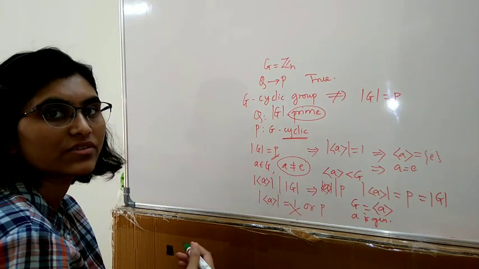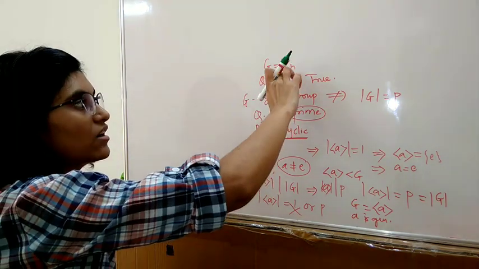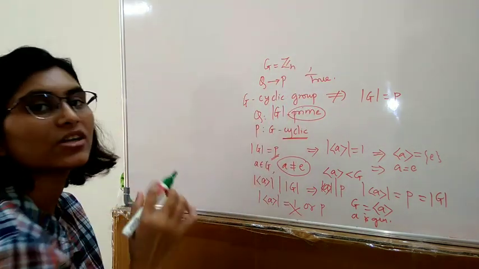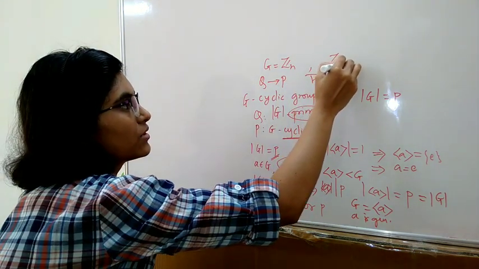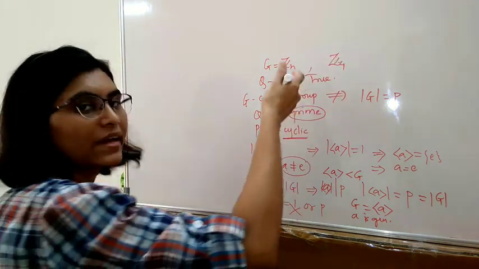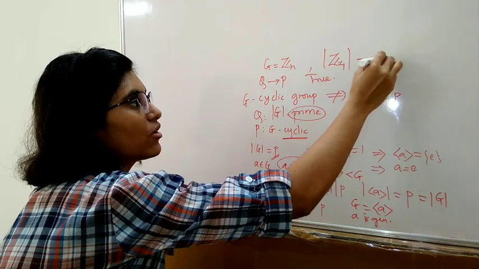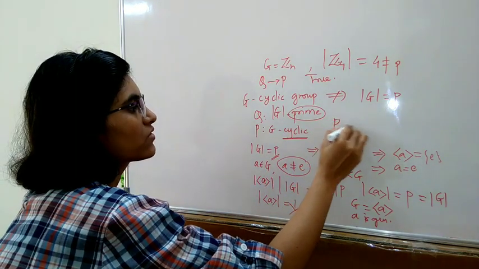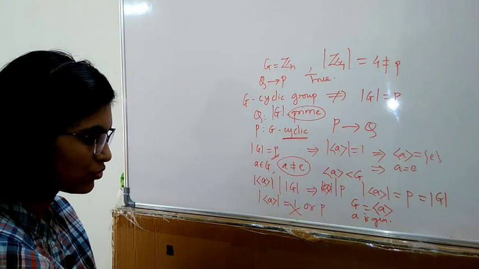All of us know that this is a cyclic group for any n. But if we take n to be not prime, suppose Z4, then it is a cyclic group, but the order of this group is 4, which is not prime. Hence P implies Q need not be true.